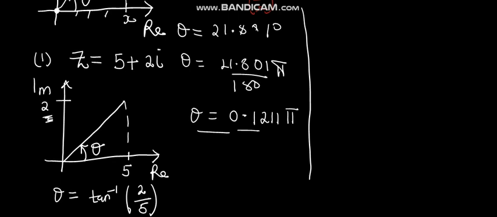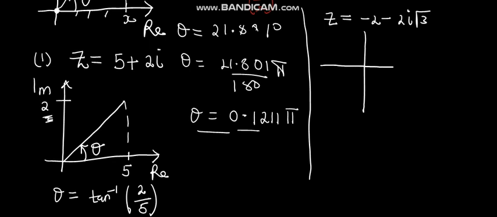So we're going to have example 2. Example 2 is telling us to find the argument of z, where z is equal to negative 2 minus 2i root 3. So we need to sketch that. That is our Argand diagram.